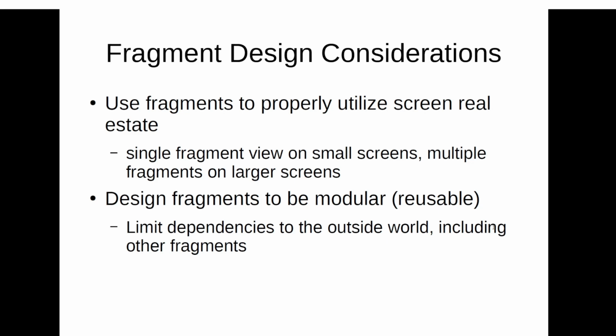So first, you want to make sure that you use fragments to fully exploit things like screen real estate. So you saw this in an illustration earlier where you can use single fragment displays on small screens, but multiple fragments on large screens, or even the same screen but in landscape mode versus portrait mode.